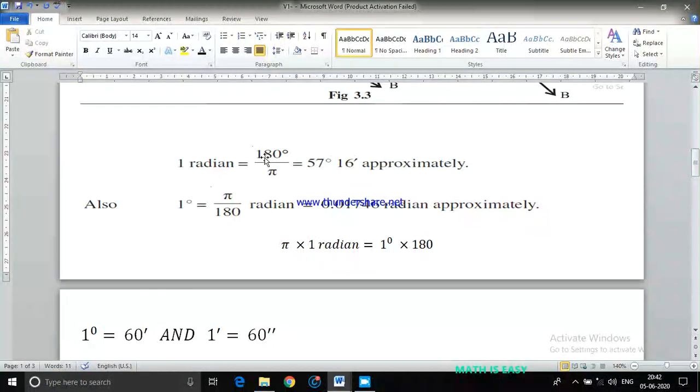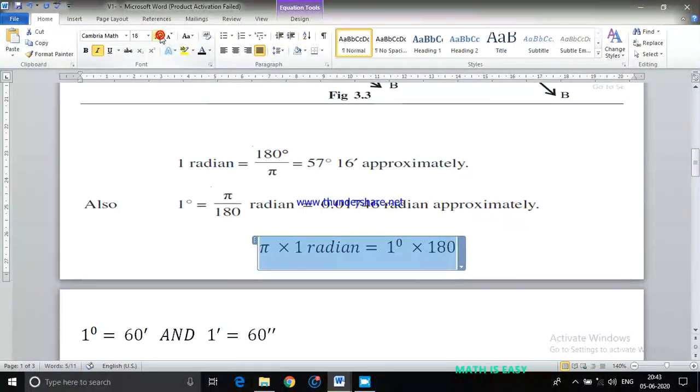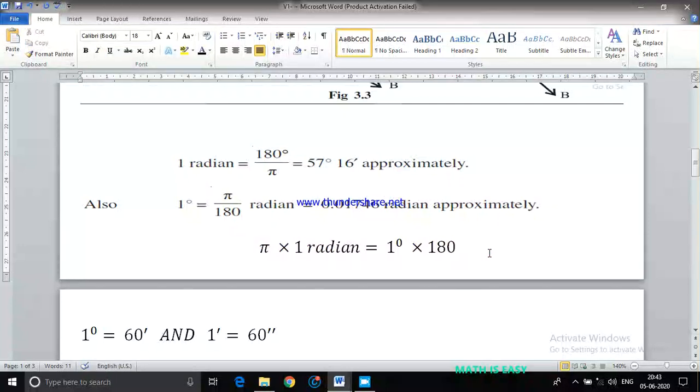Okay, so instead of remembering these two formulas, you can remember this only. If I want in terms of radians, then I can write 1 radian equals to 1 degree into 180 upon pi, or you can say 180 degrees upon pi. If you want 1 degree, then 1 degree equals to pi upon 180. One will come 180 upon pi, another comes pi upon 180. So remember this much. We will use it multiple times. Pi into 1 radian equals to 1 degree into 180. So we can convert this as per requirement.